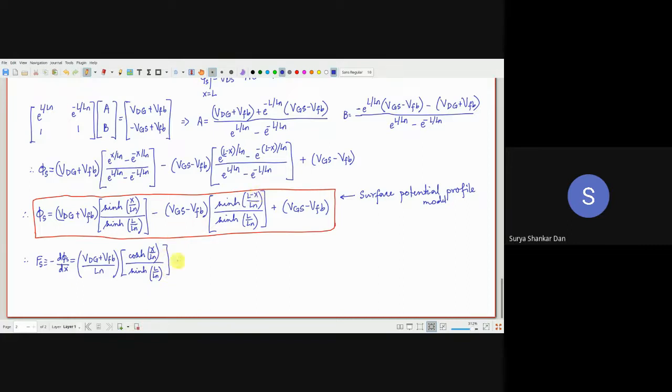Here it is a minus x, so that becomes plus, whole thing divided by ln. This term is gone because it is a constant with respect to x, and Fs will not have that term. So this is also the surface field.